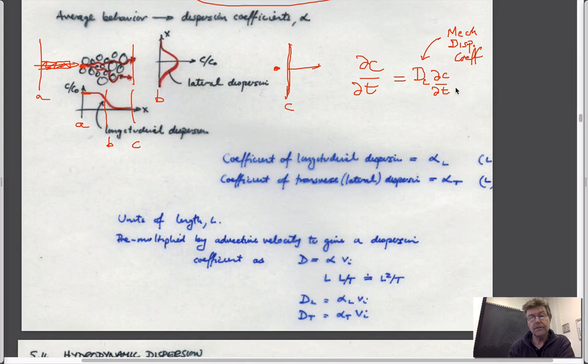I guess we know, since the units of this when we talked about diffusion were meters squared per second, we know that this term must have the same units to be dimensionally homogeneous for this expression. And so it turns out that we can represent this behavior by a coefficient which is divided into two parts.